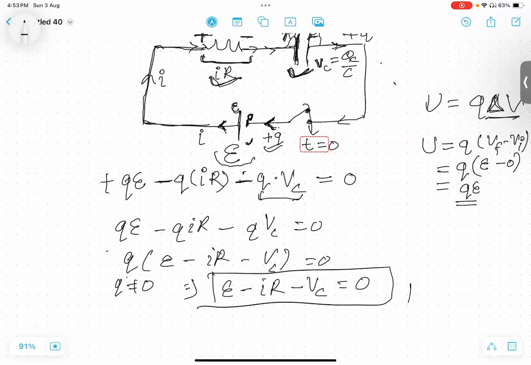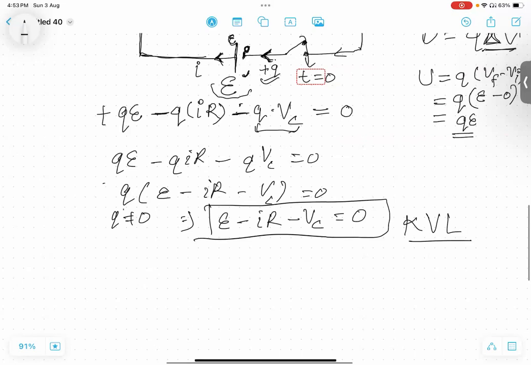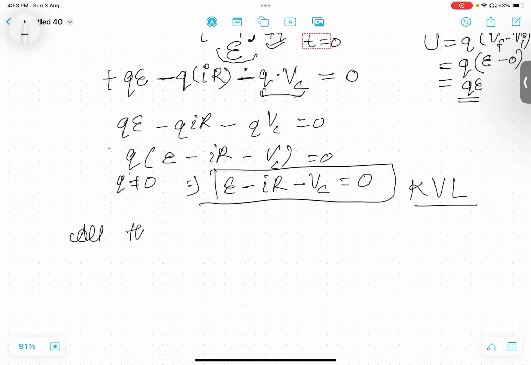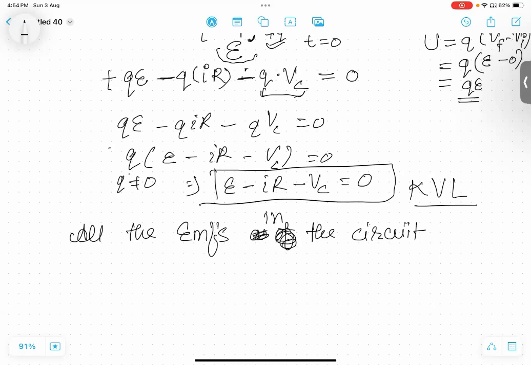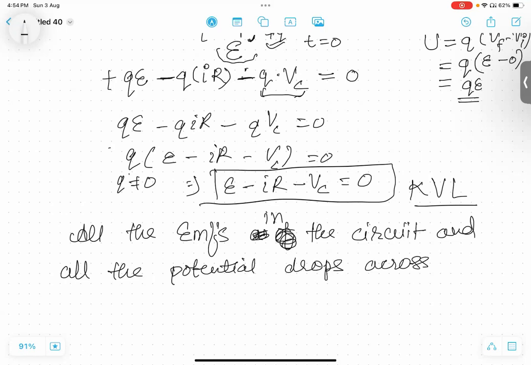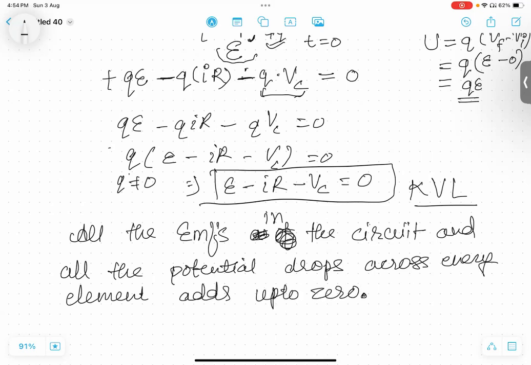This is the statement of Kirchhoff's voltage law. So Kirchhoff's voltage law, in terms of EMF and potential drop, says all the EMF of the battery in the circuit, and all the potential drops across every element, add up to 0.